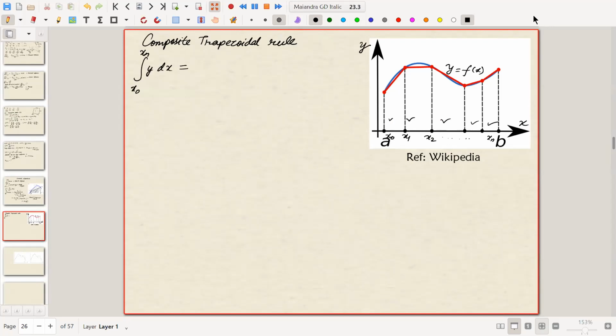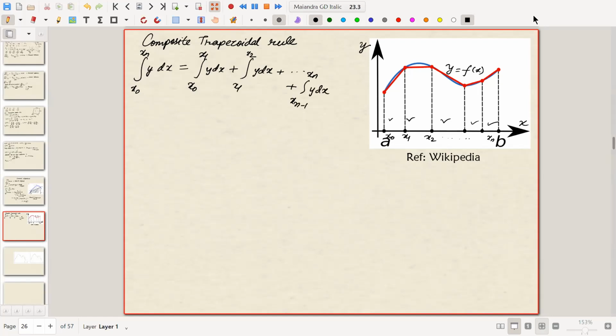Then how can you do it? You know this, right? This is the additivity rule of integration. x0 to x1 y dx, plus x1 to x2 y dx, and so on up to xn minus 1 to xn y dx.